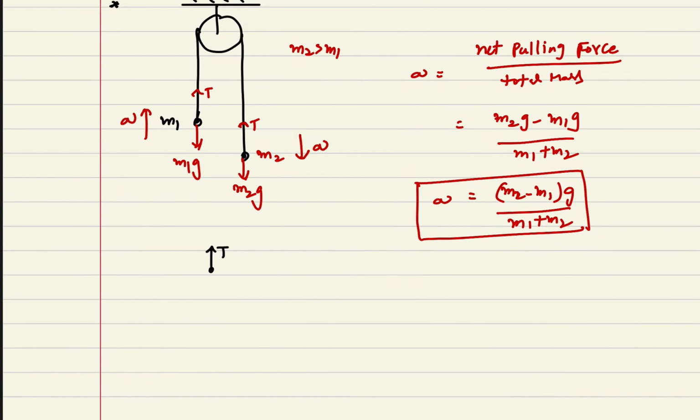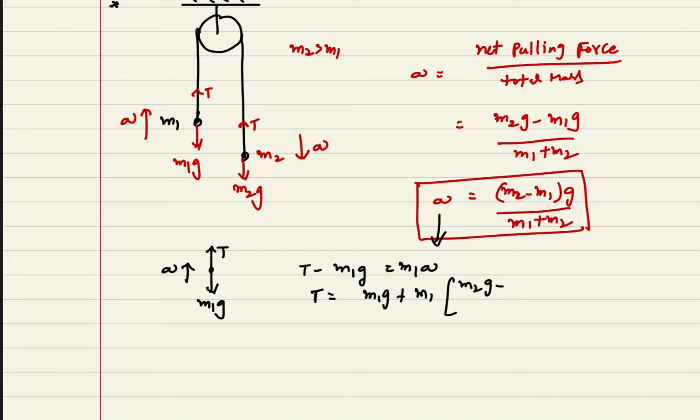Now if you want to calculate the tension in the string: tension T is in the upward direction, m1g in the downward direction, and the acceleration of the body is upward. Upward force minus downward force: T is greater than m1g, the reason being the body is going upward. So we can write T minus m1g equals m1 into a. Substitute the a value here. So T is equal to m1g plus m1 into (m2g minus m1g) divided by (m1 plus m2).